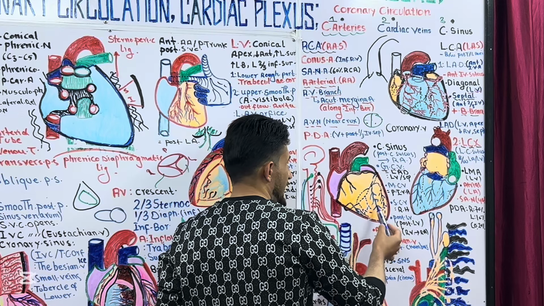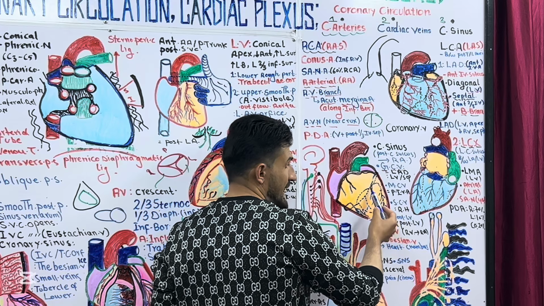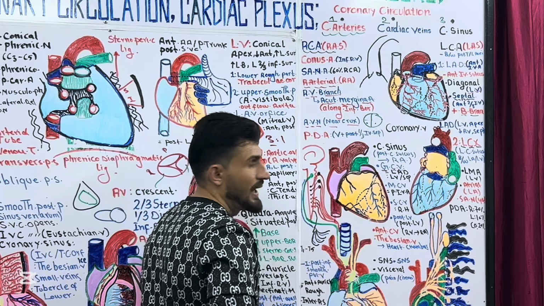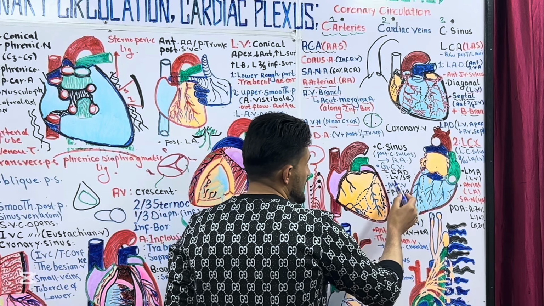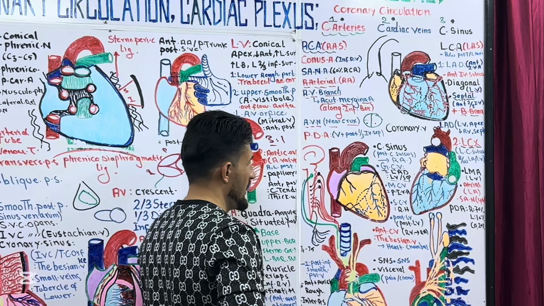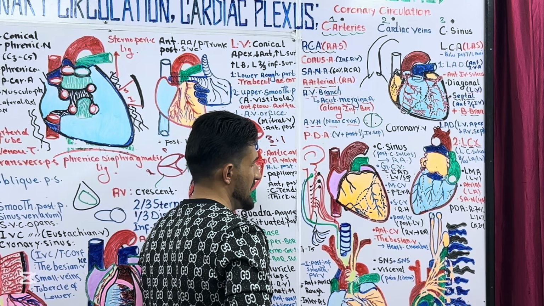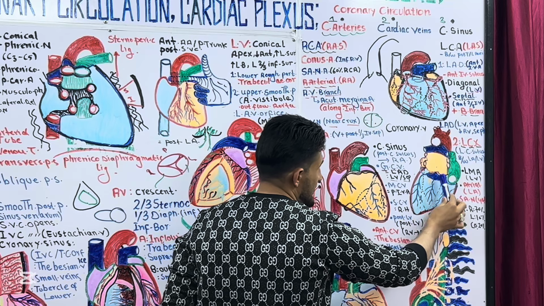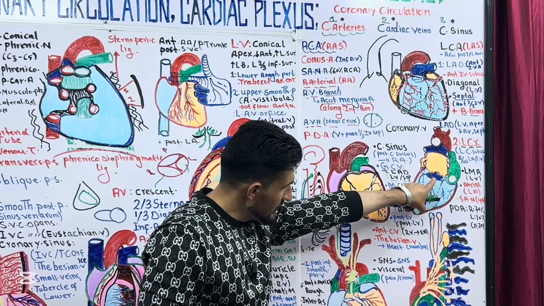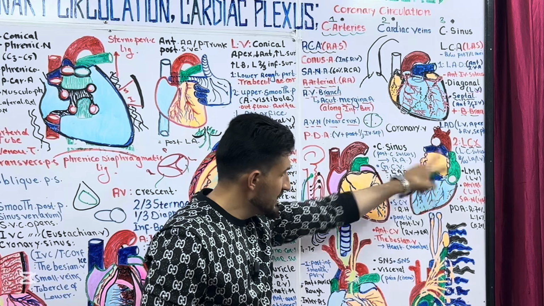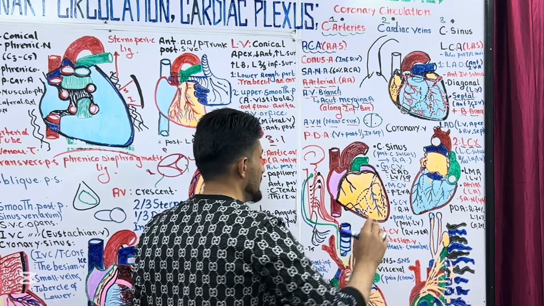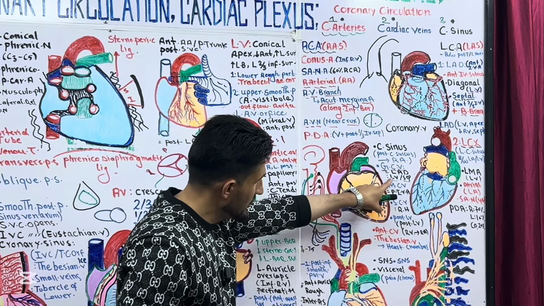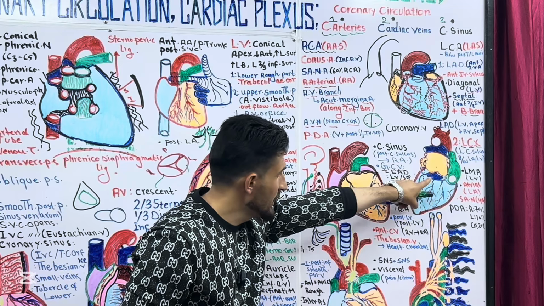It runs in the anterior interventricular sulcus with left anterior descending coronary artery, and it drains left ventricle and interventricular septum. Okay, and it turns back and drains into the coronary sinus. This is one branch of the venous system that drains into the coronary sinus.